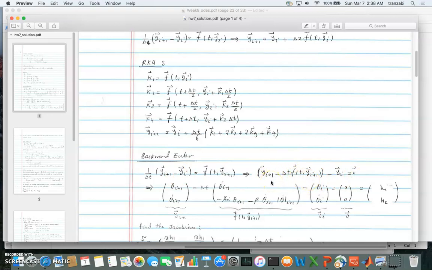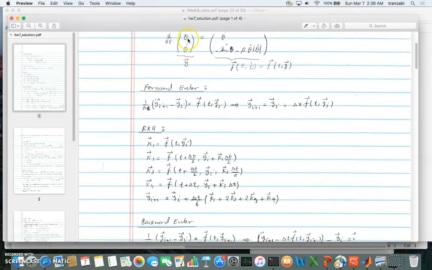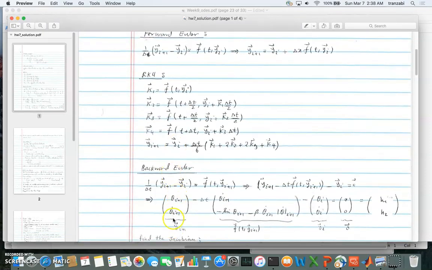If you open this up, y i plus 1 is nothing but the first element of it, which is theta i plus 1, and theta dot i plus 1. Put them in here, and then minus delta t times f. The f is going to be evaluated at i plus 1, so it's going to be theta dot i plus 1, minus sine of theta i plus 1, minus beta theta dot i plus 1 times the absolute value of theta dot i plus 1.